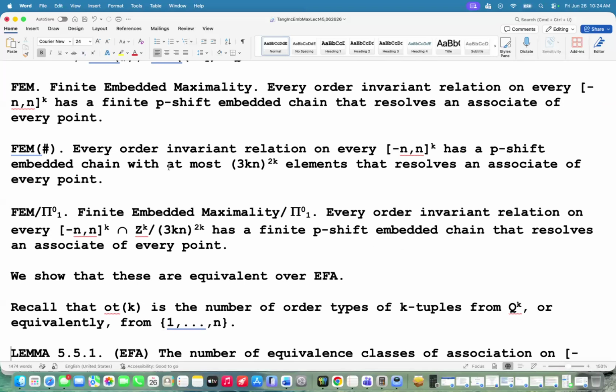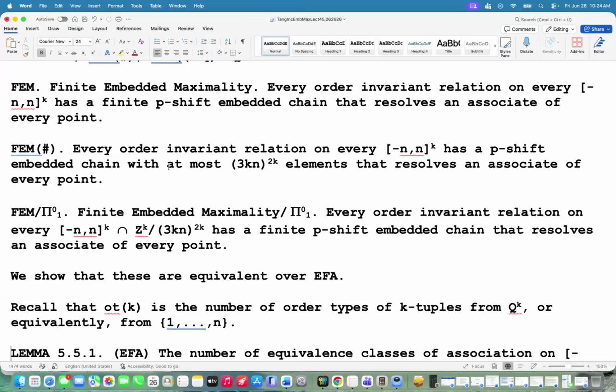Sharp, not star, sharp. Well, I just have to take an element from every equivalence class under association and resolve that point. In other words, throw it in or block it with respect to the order of relation in question.